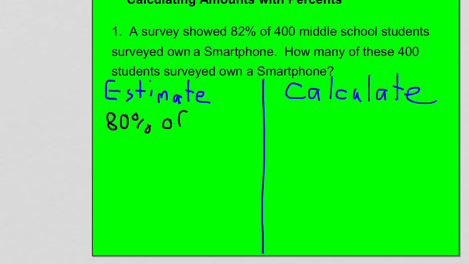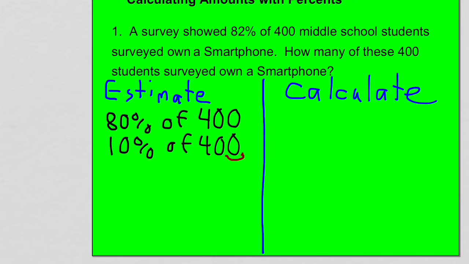80% of 400. And then to estimate that, I would probably start with 10% of 400. And we know 10% of 400 is just taking the decimal point that's at the end of 400 and shifting it one to the left. So that's 40.